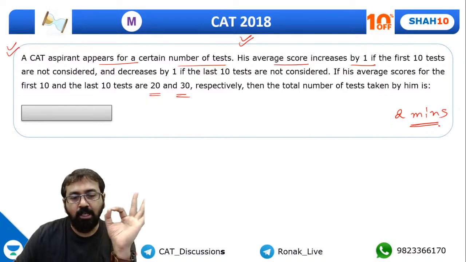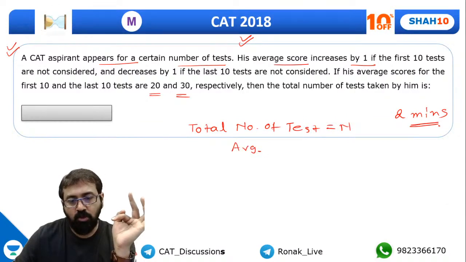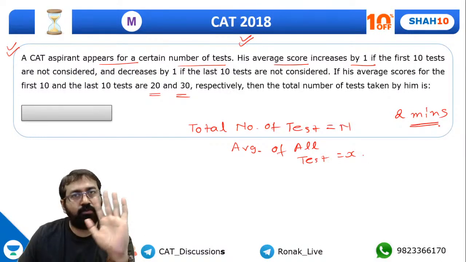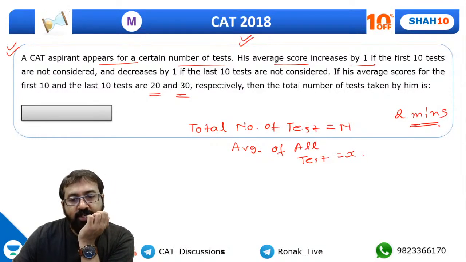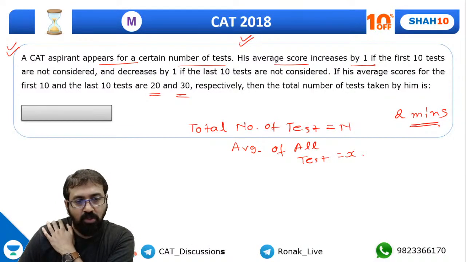If you want to make an equation, we can assume the total number of tests is equal to n and the average of all tests is equal to x. His average score increases by 1 if the first 10 tests are not considered. The average score of the first 10 tests is 20 marks.